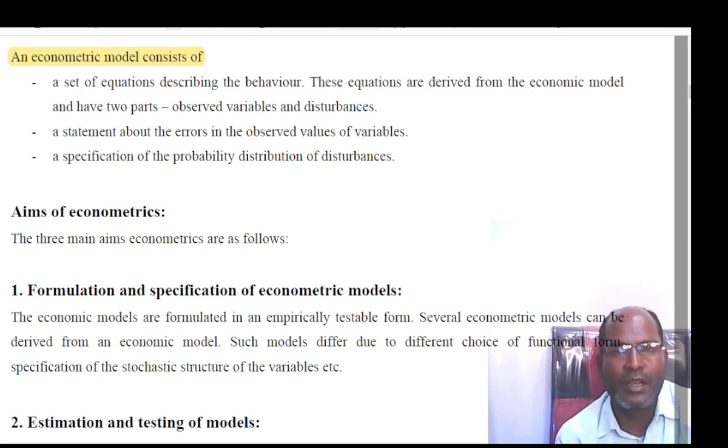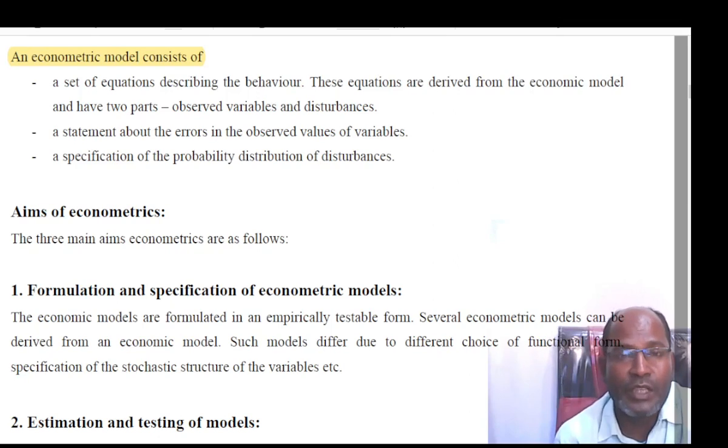So let's now discuss the aims of econometrics. Econometrics has mainly three aims. First is formulation and specification of econometric models. The econometric models are formulated in an empirically testable form.